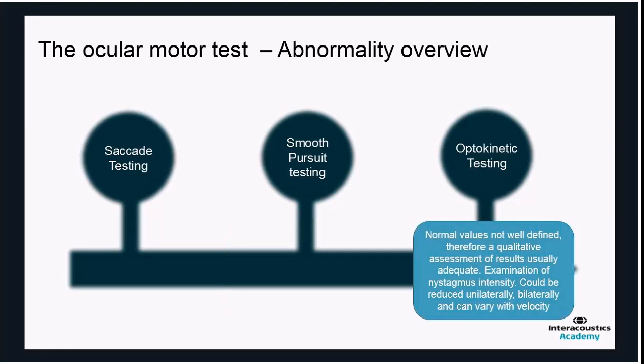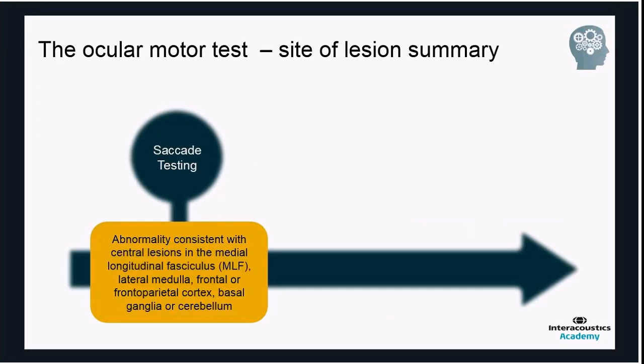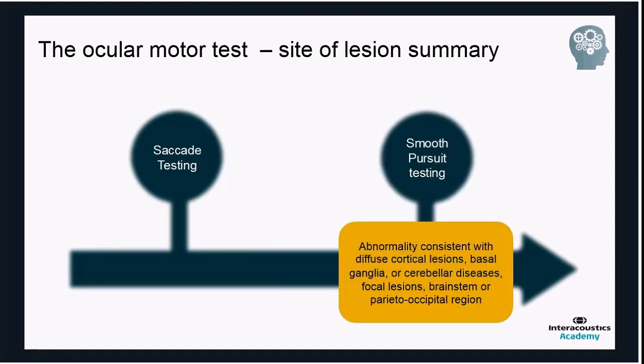And once again, whilst this is not a diagnostic test in terms of location within the central nervous system, it's a complementary test in terms of supporting changes that we may then see in smooth pursuit testing or saccade testing. So to summarise within our site of lesion, within saccade testing, abnormalities are consistent with medial longitudinal fasciculus changes, the lateral medulla and frontal or frontal parietal cortex, or within the basal ganglia or cerebellum.